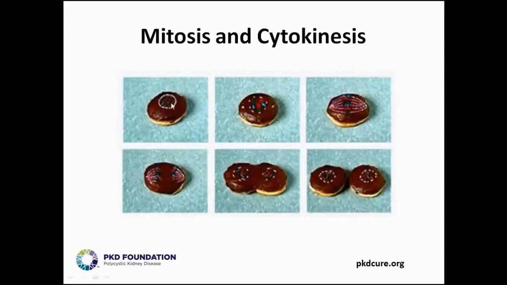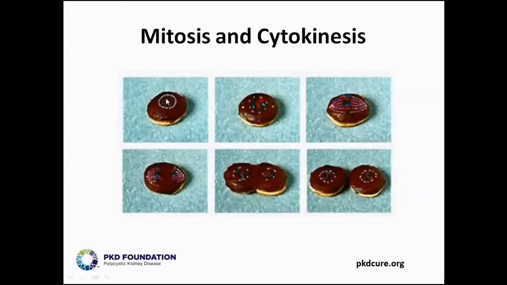So you have in the upper left-hand Bismarck icing that shows the nucleus in that cell. And in early anaphase, and these terms aren't important unless you're interested in this sort of thing, begin to show some condensation of the DNA in the nucleus.